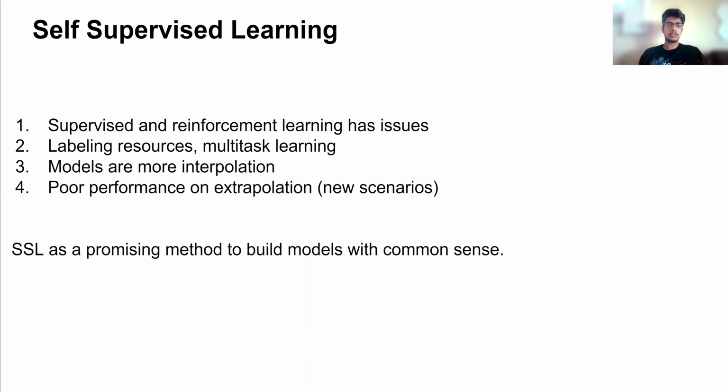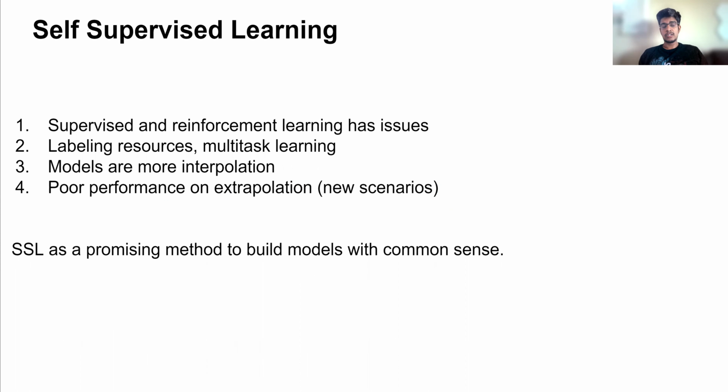As we all know, typical supervised learning ideas, classification, and even in the field of reinforcement learning, have issues. These issues include you need large amounts of labels or rewards, and you're unable to learn on multiple tasks.